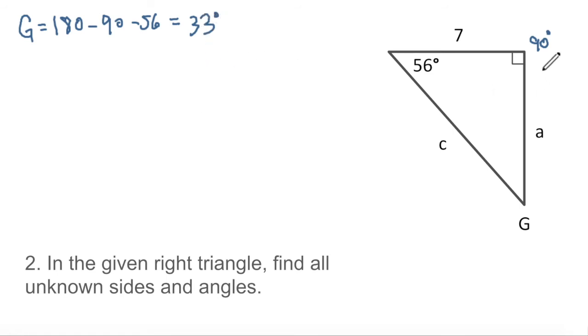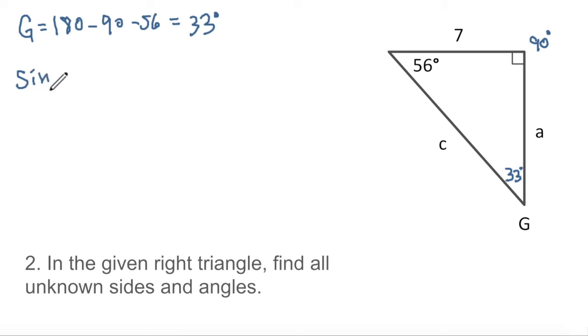So angle G we have already, that's 33. Now we still have to find sides A and C. Okay, we can use the sine function to find out what C is, can't we? There will only be one unknown, right? We know what angle G is. So sine of G, let's write that out here.